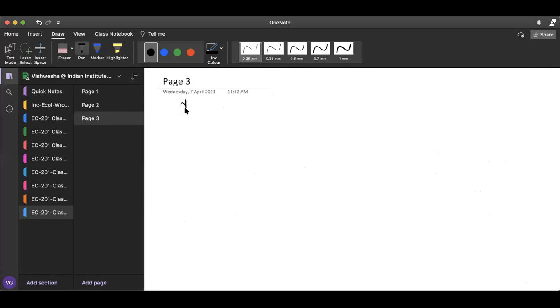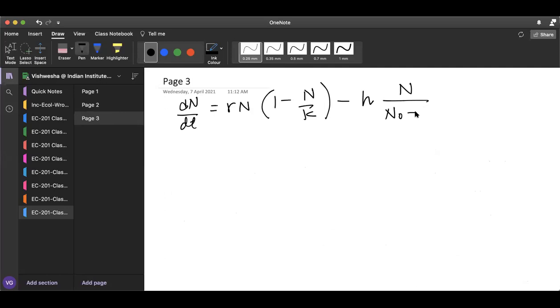Let's write down the equation fully: dn by dt equals r n times 1 minus n over k, minus h n divided by n0 plus n. Is that right? Now I'm going to write everything with a 0 right now. You will know why I'm doing this very soon.